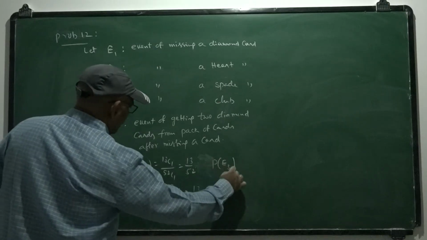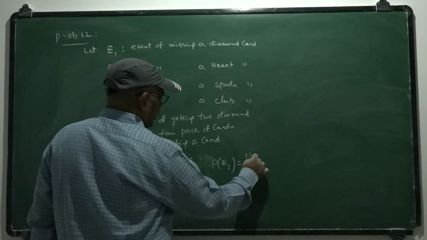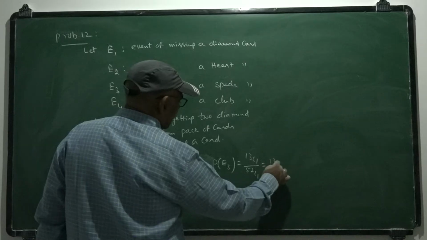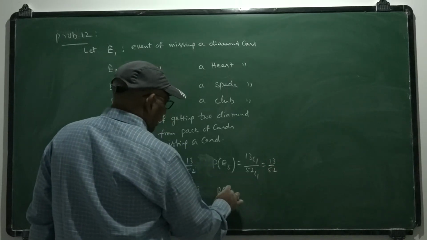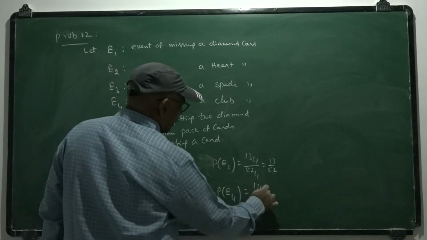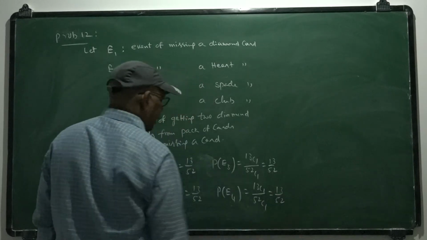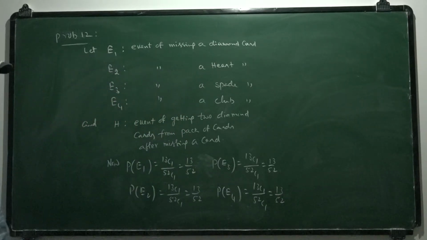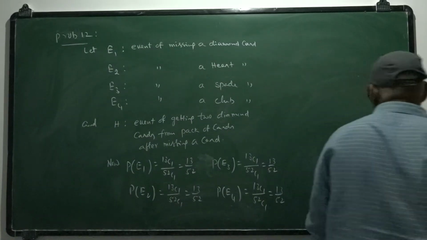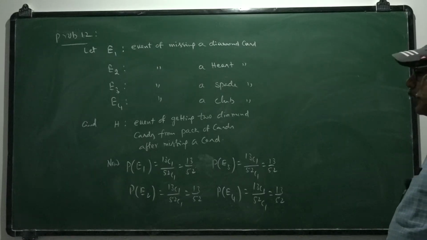And probability of E3, missing a spade card, spades are 13, the total possible selections are 52C1, so 13 by 52. And missing a club card is also 13C1 by 52C1, 13 by 52. So these are all the different probabilities of missing a diamond, spade, club or heart card.